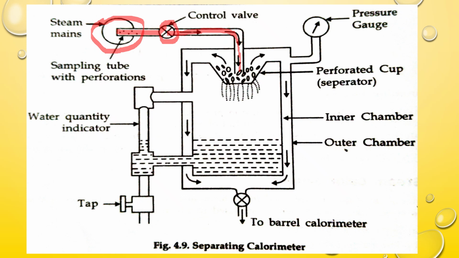As soon as the steam enters, immediately you will observe the perforated cup or separator or deflecting plate. The steam, which contains dry saturated steam plus water particles in suspended form, will strike this cup, and all of a sudden the direction of the steam will change, deflected in an upward direction.